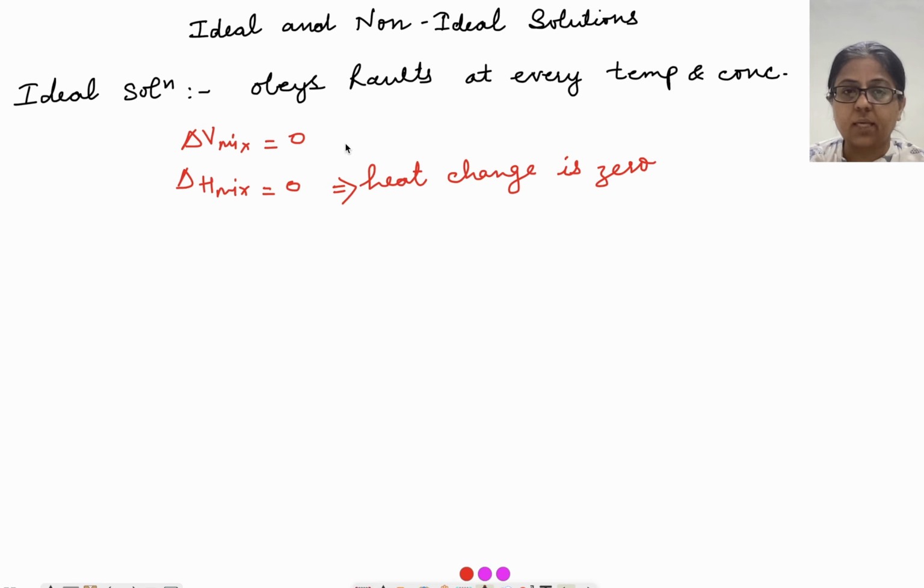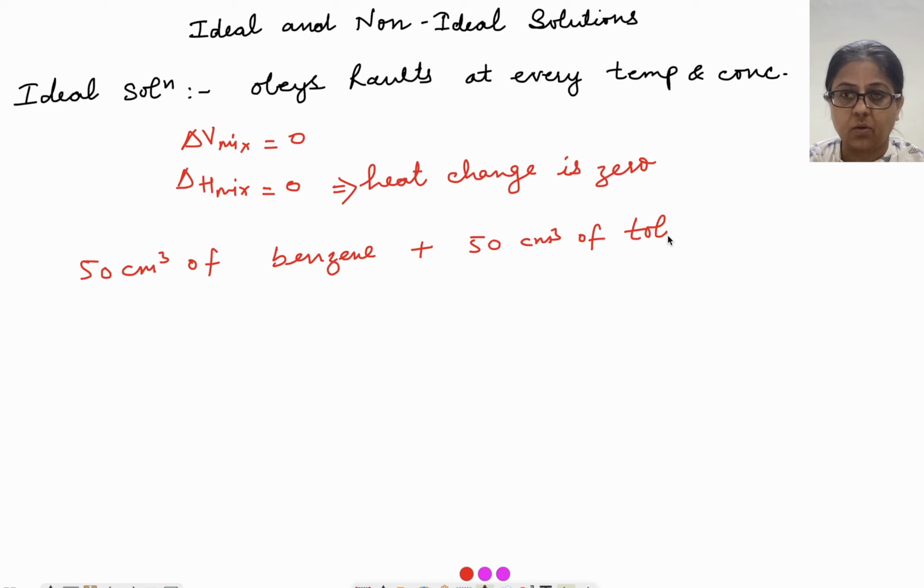So let us take an example first. Suppose you are mixing 50 centimeter cube of benzene with 50 centimeter cube of toluene. That means 50 ml of benzene mixed with 50 ml of toluene, then the volume of the solution after mixing will be equal to 100 centimeter cube.